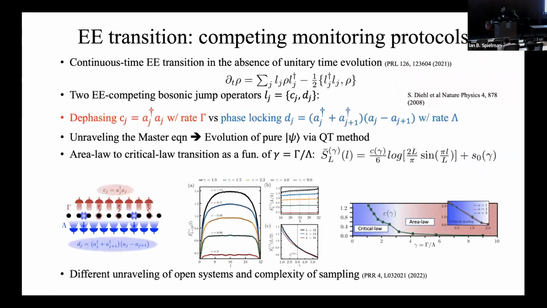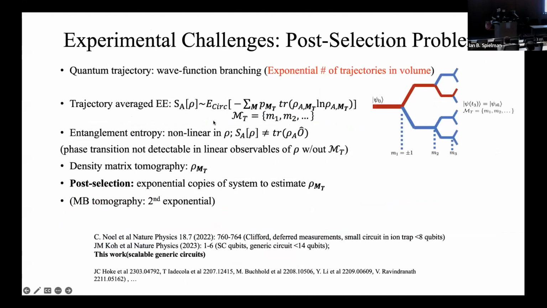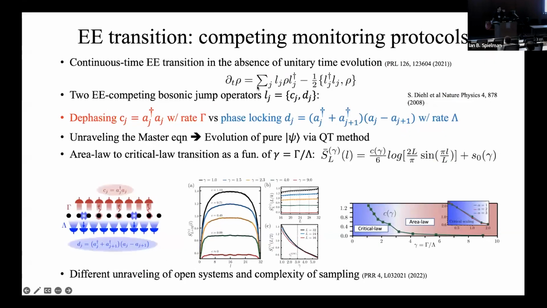I don't want to spend too much time, but as an example of systems with only measurements and continuous in time, here we have studied a system where such a phase transition could be observed without having any unitary gate. To do that, we introduced two dissipative channels.